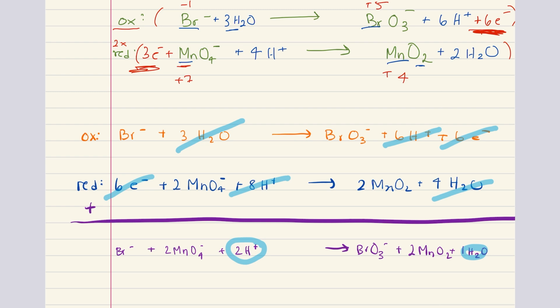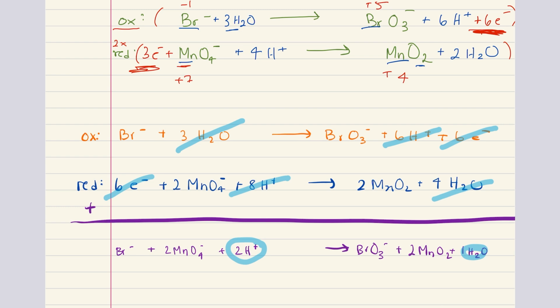Now, we have one extra step to do, and that's because we're dealing with a basic solution. If the redox reaction occurs in basic solution, we have to add enough hydroxide ions to both sides of the equation to convert H plus to water.